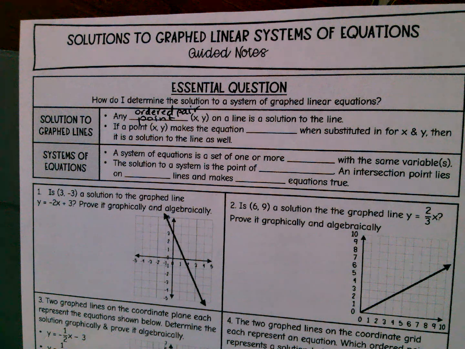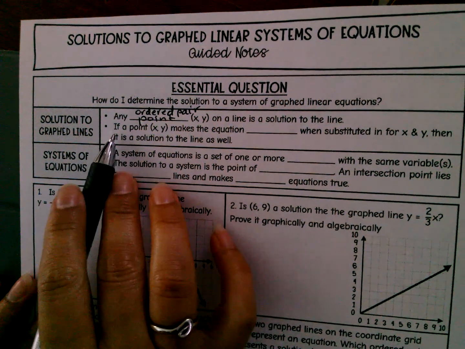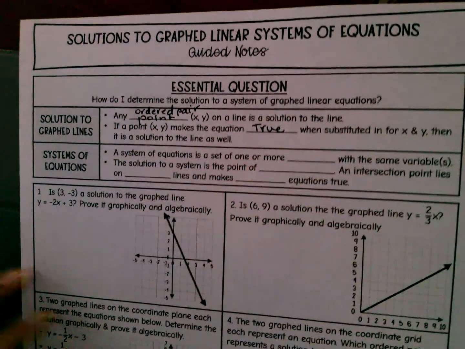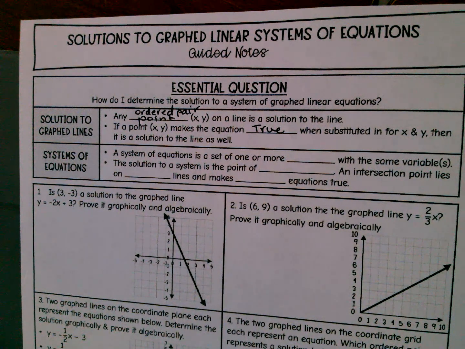If a point x, y makes the equation true when you substitute it, so whenever you plug in that x and whenever you plug in that y into your equation and it works out, right, then we say it's called a solution. So put right here, if any point x, y makes the equation true when you plug in those values, then we call that a solution.